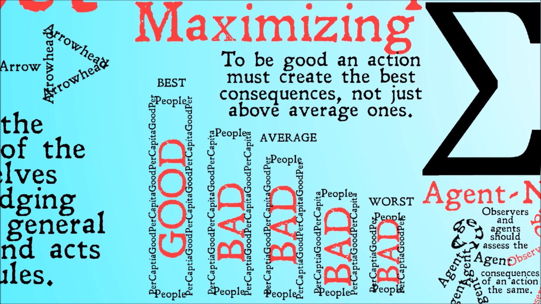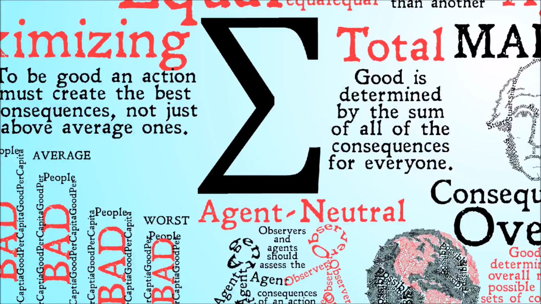It's actually pretty good for a lot of people, but because it's not the best, if you're a maximizing consequentialist, you're going to say that choice is not good. You have to pick the choice that will maximize whatever it is you're talking about as good. If that's happiness, if that's pleasure, if that's virtuous action, whatever that is, you have to maximize it.